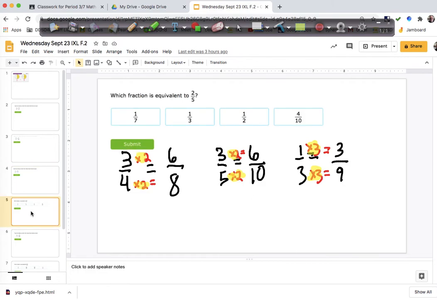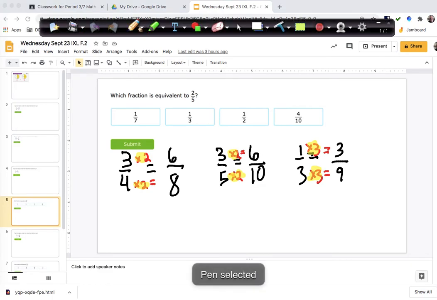And then we finally had one more problem in IXL, and that was, instead of fill in the blank, it was multiple choice. 2/5 is equal to one of those equivalent fractions.